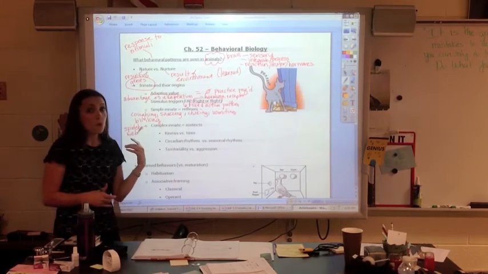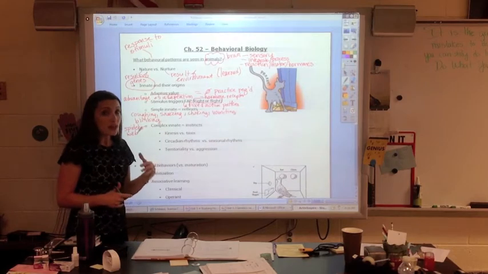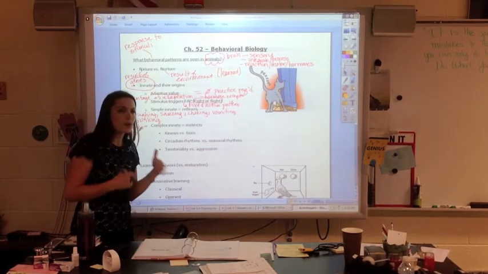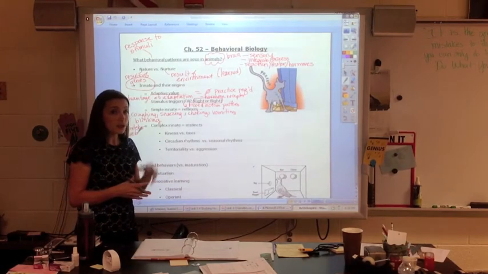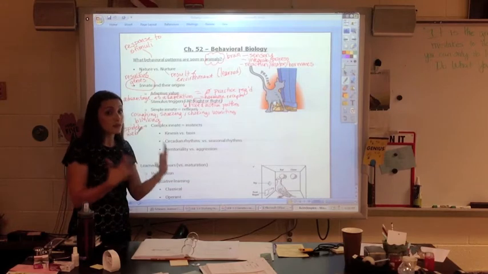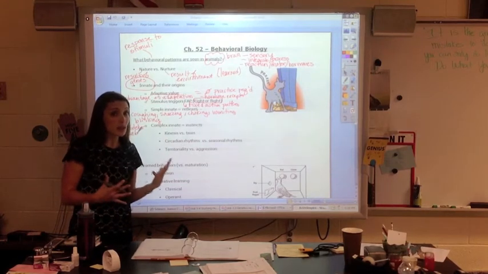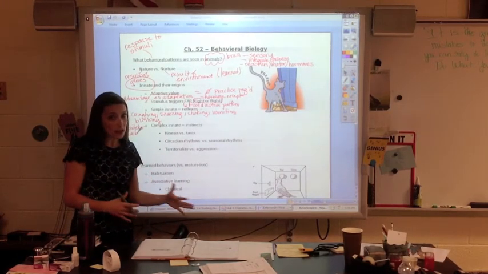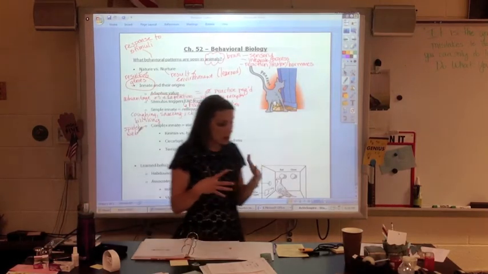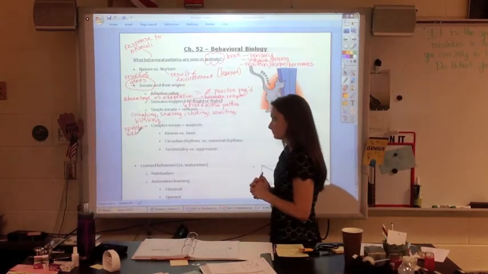So for example, walking or movement. Those are innate behaviors. We think, oh, you have to practice walking. But although there's a little bit of practice to it, a lot of it more has to do with your development. How are your muscles developed and how can you coordinate that? So what we're going to see is that a lot of behaviors are actually a combination of the two.